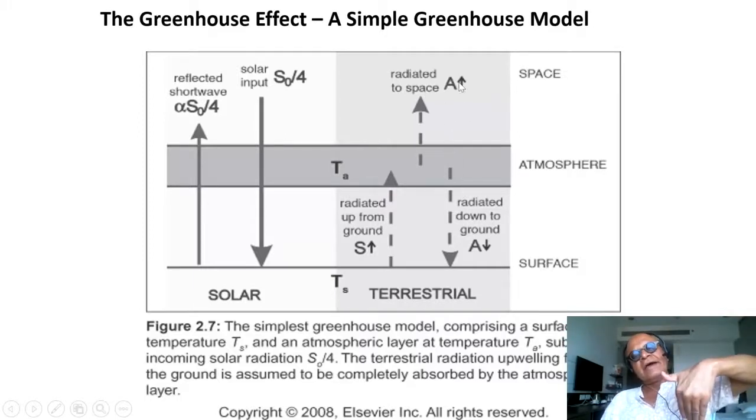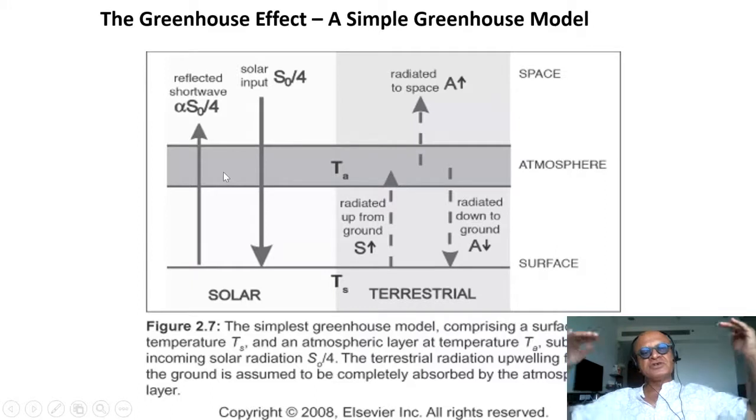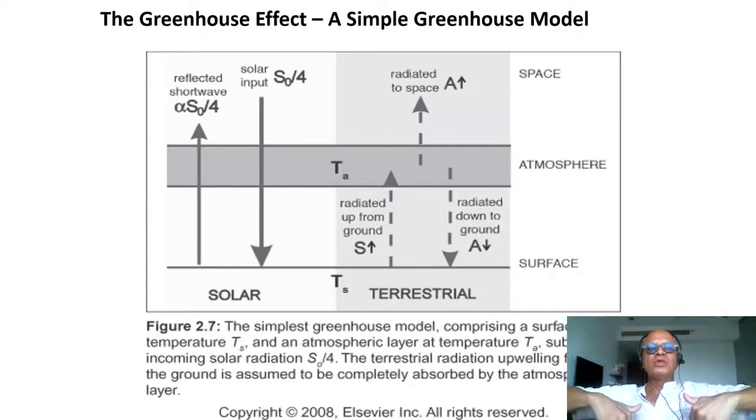So the long wave energy of A is going to come out of the atmosphere as sigma Ta to the fourth, going out to space and back to the surface. So now the surface is receiving short wave, because we have assumed here that the atmosphere is completely transparent to the short wave, and all that 1 minus alpha is going to reach the surface.